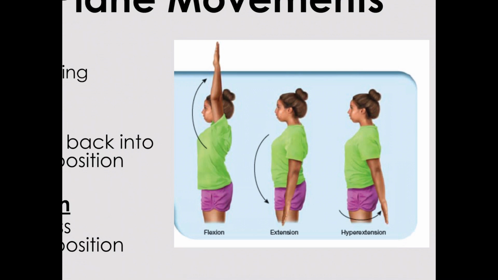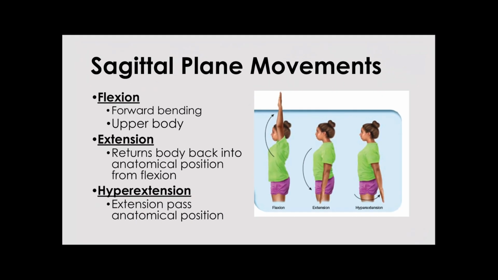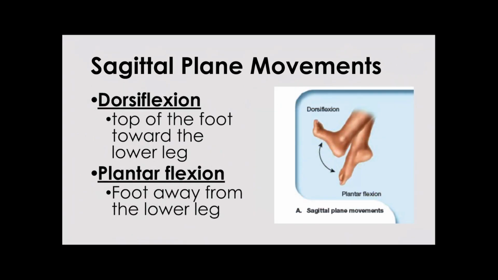Usually you don't want to exhibit this kind of motion a lot because it's not natural for your body, but it can be done to a certain degree. And you can see all of those in the diagrams here. The first one is showing flexion. Second one is showing extension, returning back to the anatomical position. And third one is showing hyperextension, which you are going past a certain point.